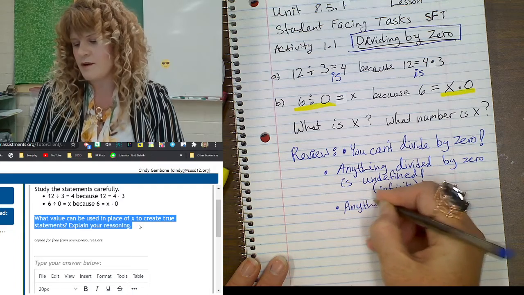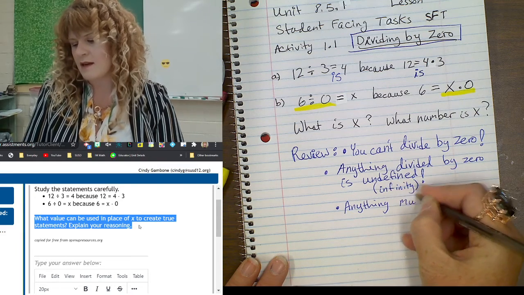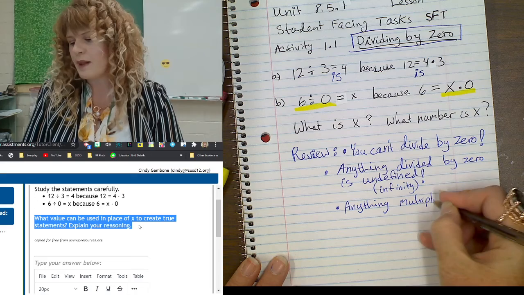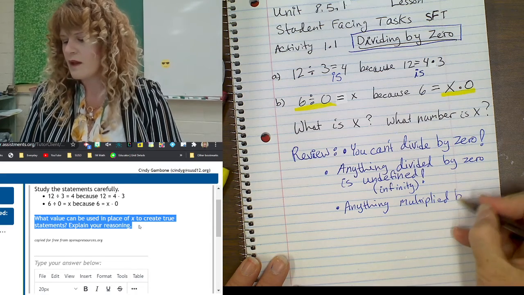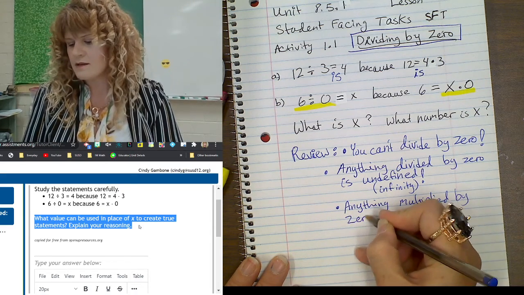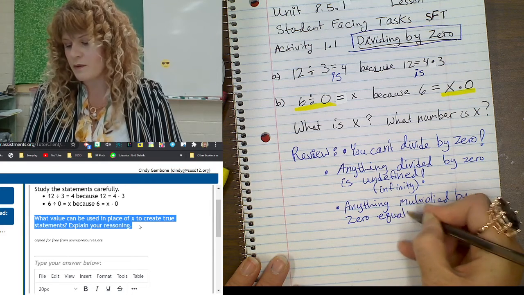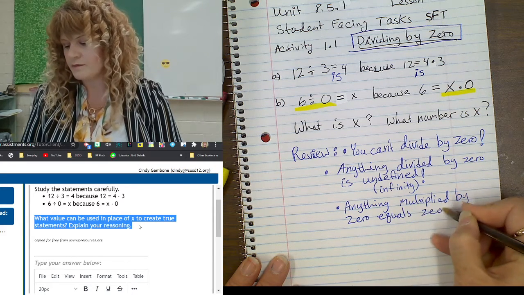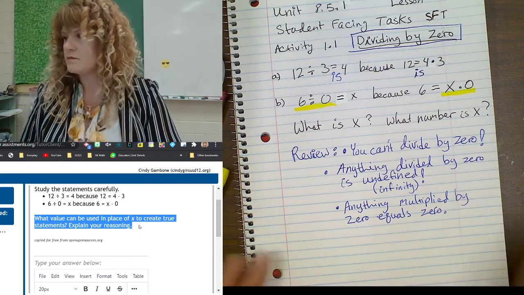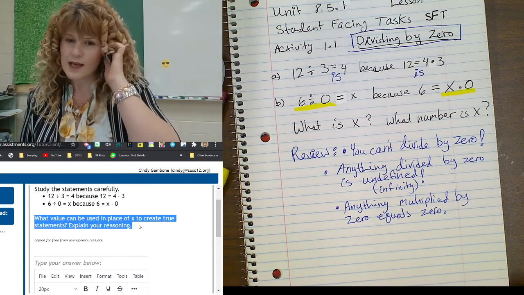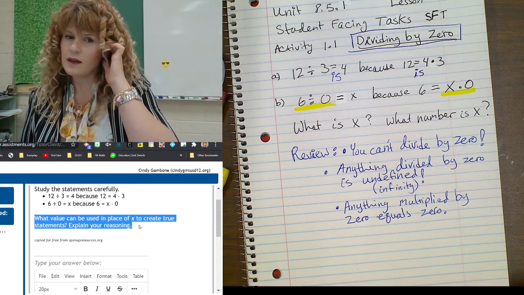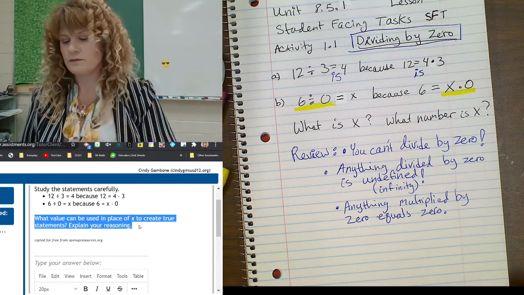So go ahead and write in your notes, anything multiplied by 0 is 0, or equals 0. Okay, pause the video and take notes. Then I'll help you answer this question.